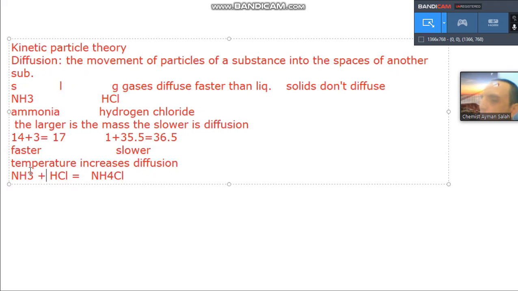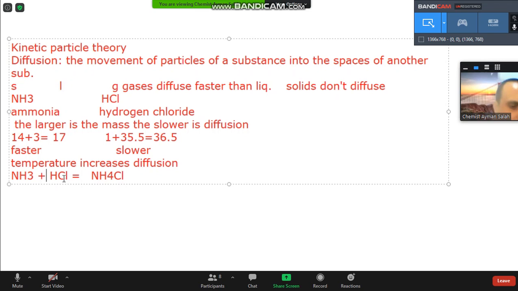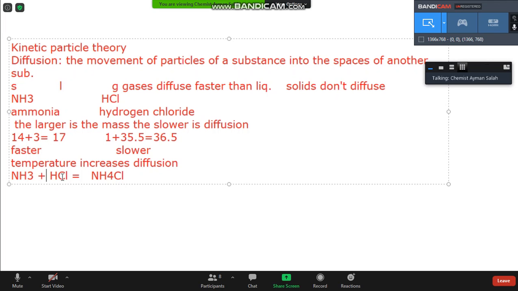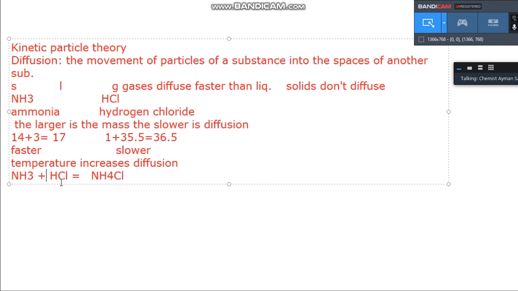Type. Who says HCl? Azad says HCl. Excellent Azzam, it will be nearer to HCl.